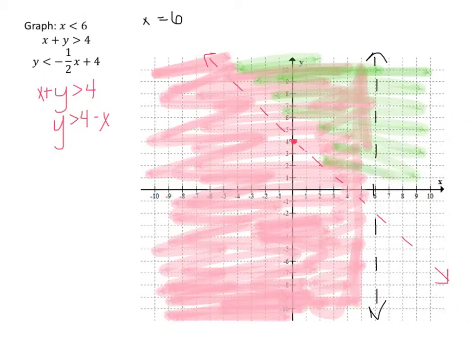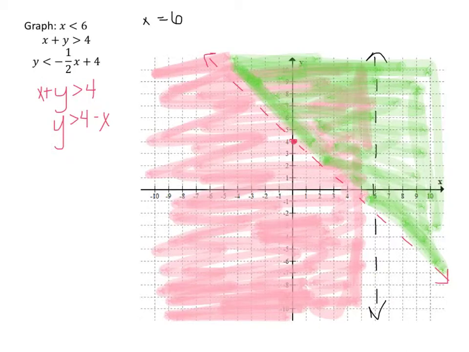Notice that I am not bounded by that x is less than 6 line, because this pink graph that I drew that I'm shading in green does go past that. Now we'll look at the last one, and it's actually already in slope-intercept form for us, which is helpful. We again have a y-intercept of 4, and I have a slope of -1/2, so that means that I move down 1 over 2, down 1 over 2.